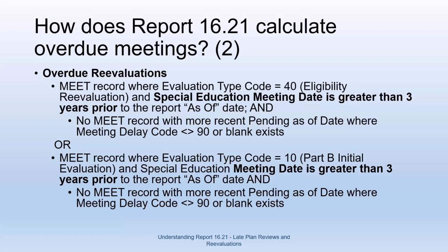The other scenario, again, is an initial evaluation. The expectation is that within 3 years after the initial evaluation, the student will be reevaluated for special education eligibility. So if we don't see a subsequent reevaluation record, and there's no pending record telling us why that reevaluation has been delayed for a justifiable reason, then that meeting is considered overdue.